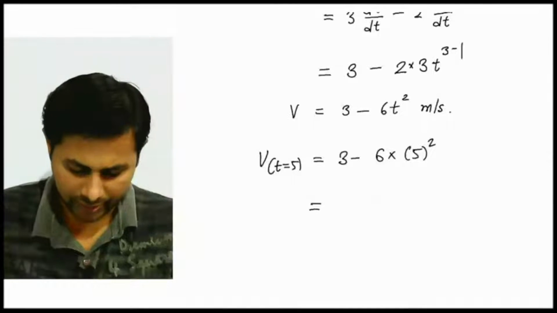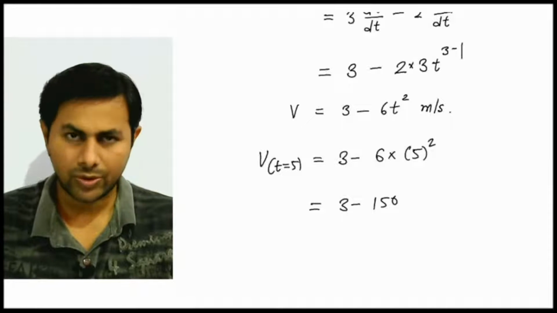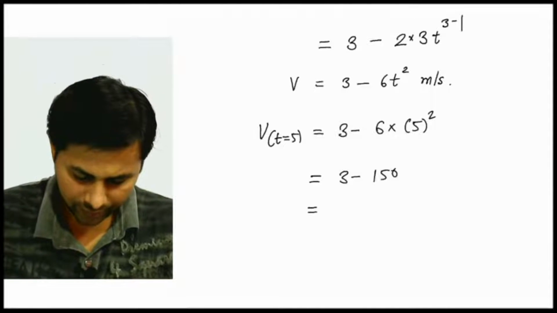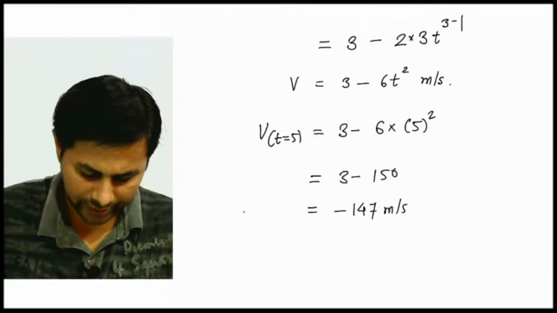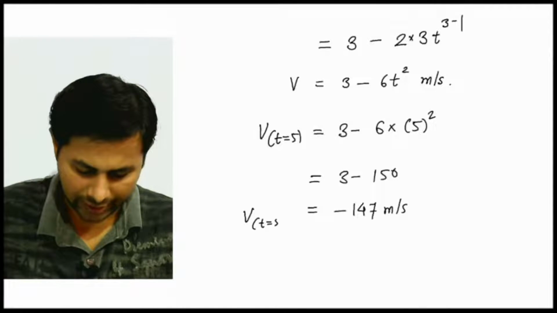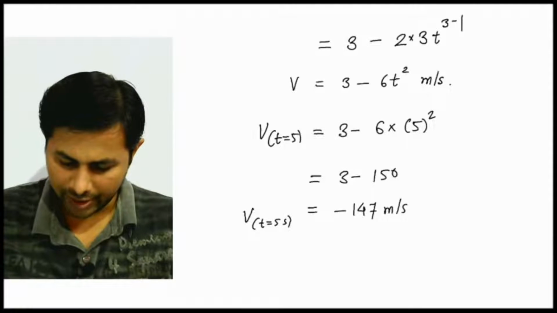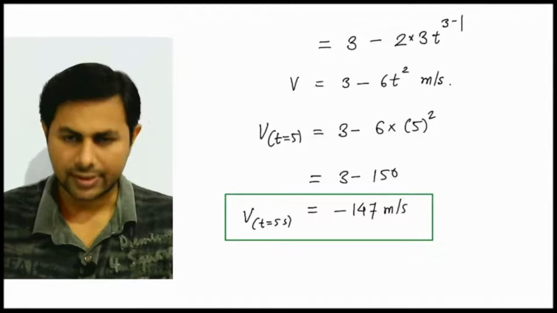It is 150. So 3 minus 150 is minus 147 meters per second. That's the velocity at t equals to 5 seconds. So I hope my algebra is correct. So this will be the answer.